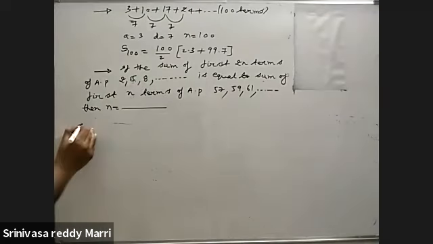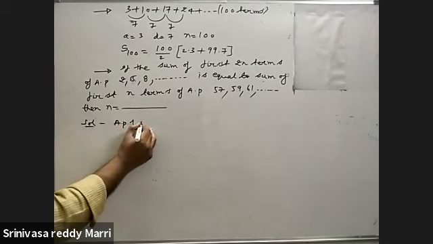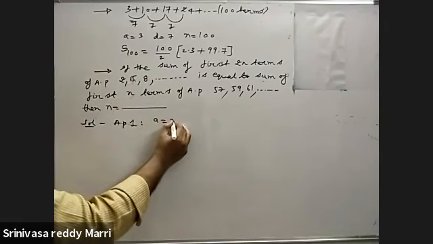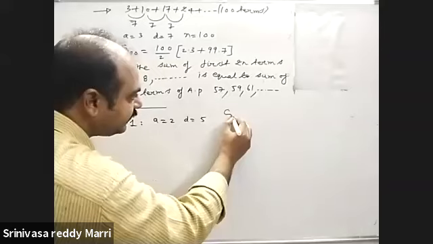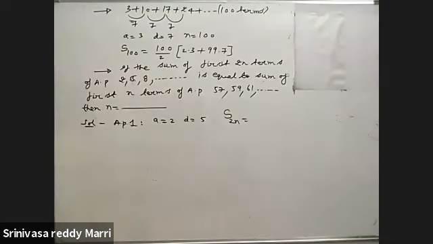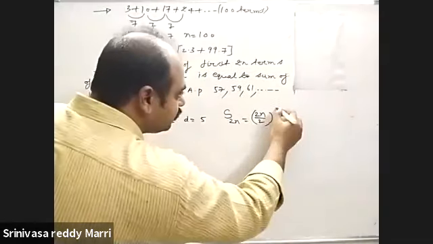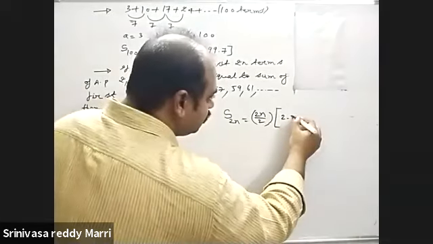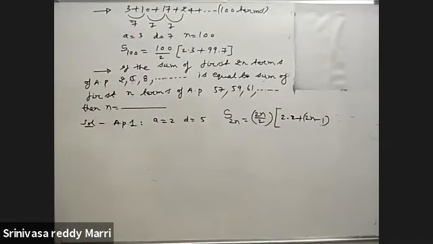So for this first AP, we take the first term and common difference. A is 2, D is 3. Now you have to calculate the sum of first 2n terms. Just like 100 terms, here 2n terms. That means n is replaced by 2n: 2n by 2 into 2 into 2 plus 2n minus 1 into d.